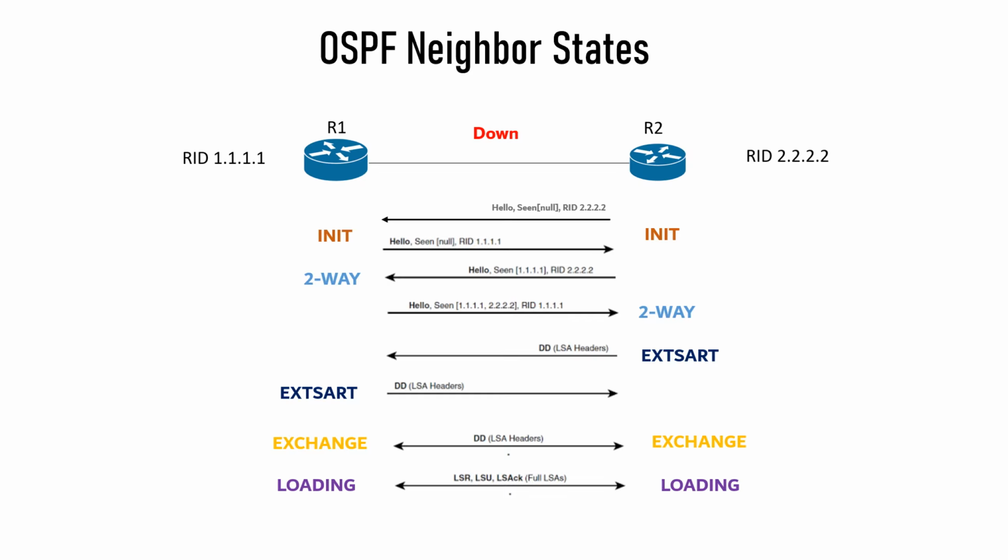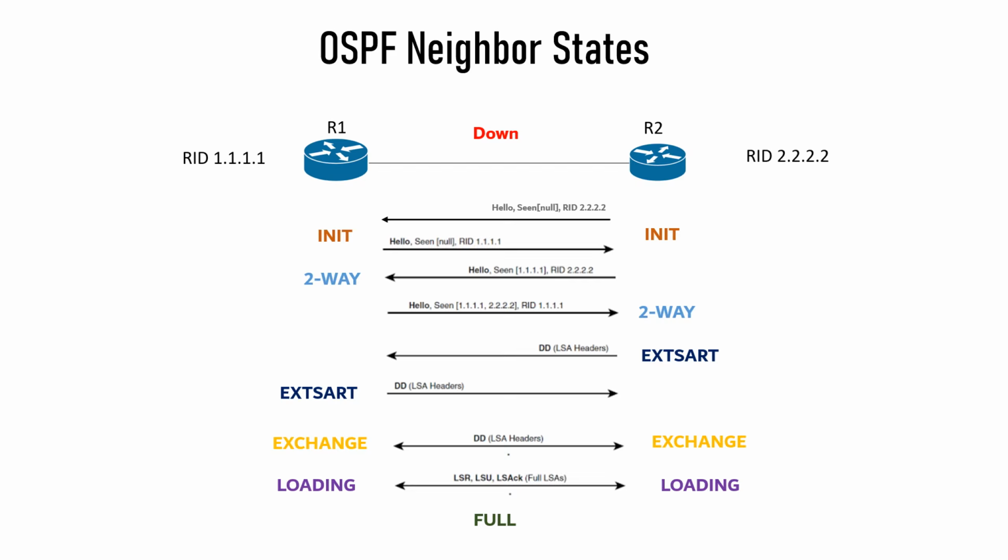Once the link state update packet is received, it will respond with a link state acknowledgement packet, that is LSAck. Once all this missing information is exchanged, the router will move to the full state. Here the routers have synchronized their link state databases and are fully adjacent. They can now exchange routing information and accurately calculate routes.